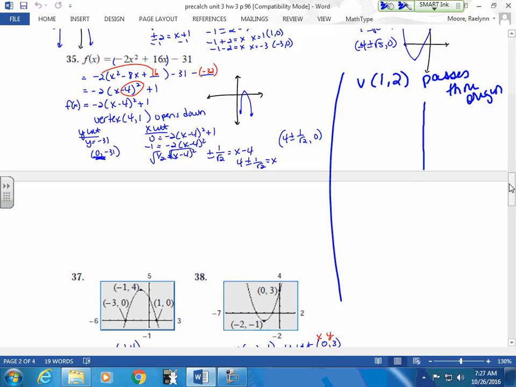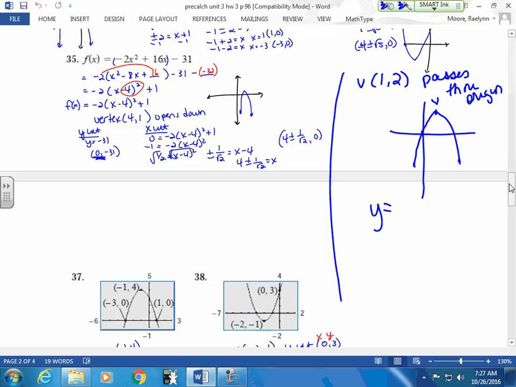So if I sketch this, here's my vertex 1, 2. And I have to pass through the origin. Which way am I opening? Down. And I have to pass through this, so this must be one of my intercepts. So I have a parabola that looks like this, and I have to find this equation.